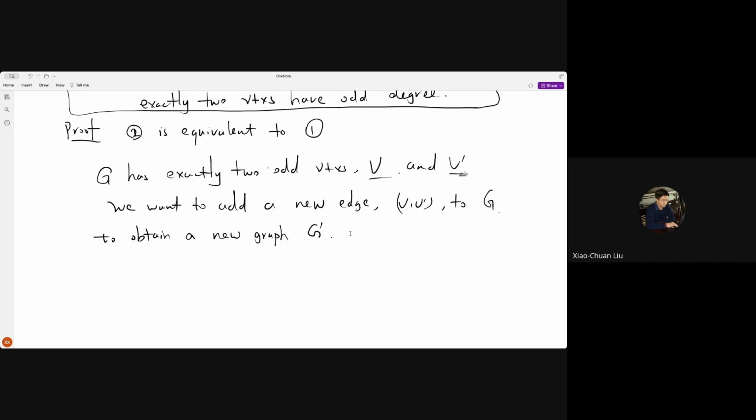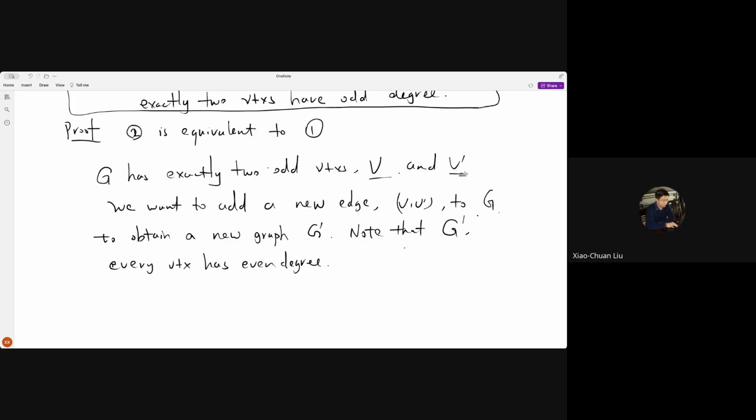So what happens for G prime? So note that in G prime, every vertex has even degree. Do you agree? Because in G, V and V prime have odd degrees.